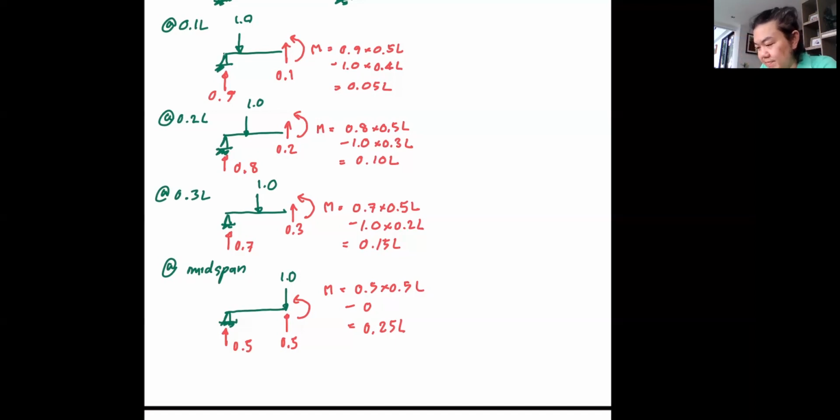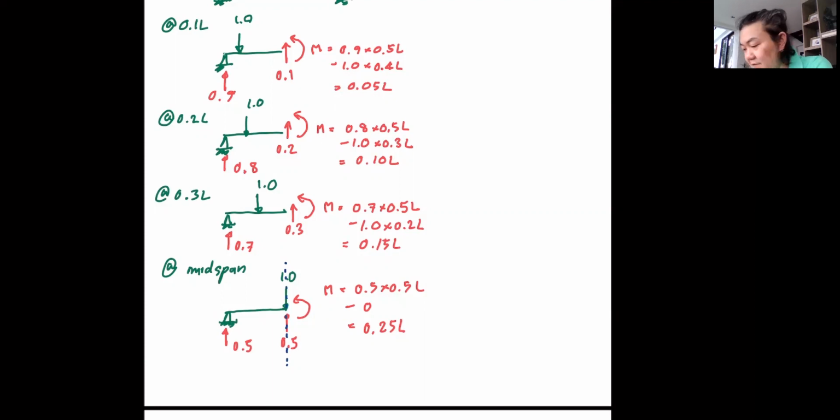You look at the shear at midspan. This is special because we have the point load just right on top of the location where we want to find the shear, right? So the shear value at this location slightly to the left of the unit load and slightly to the right would be different.